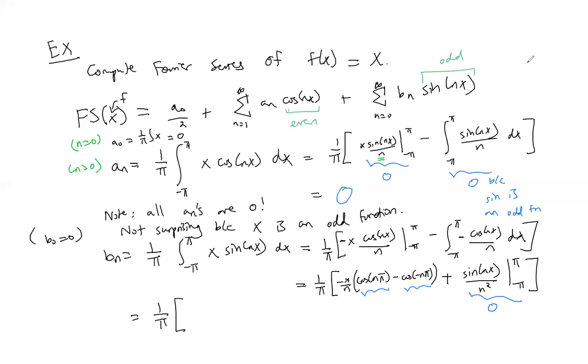Cosine of n pi, well, cosine looks like this. Pi is here, and then 2 pi is here, 0 is here. So cosine of multiples of pi ends up oscillating between -1 and 1. So depending on the parity of n, this is either -1 or 1.